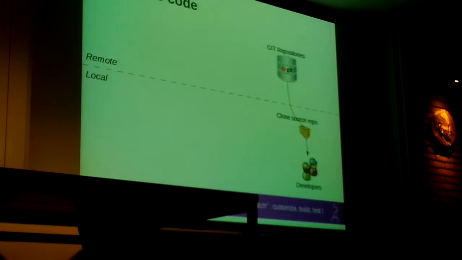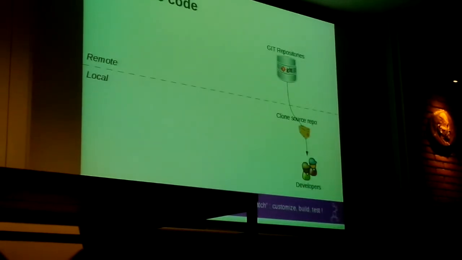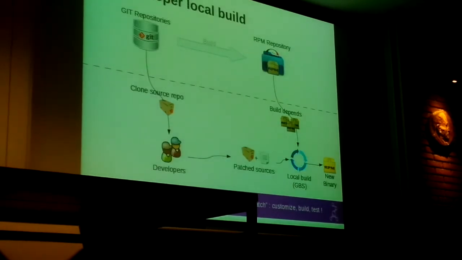I'm describing the tizen.org workflow because you must understand how it works right now to be able to customize the way it will be built in a private project. So on tizen.org, you have Git repositories. You have a lot of developers. Usually they clone the source repositories and they just work on the project.